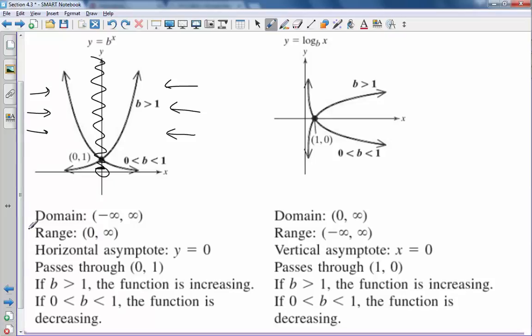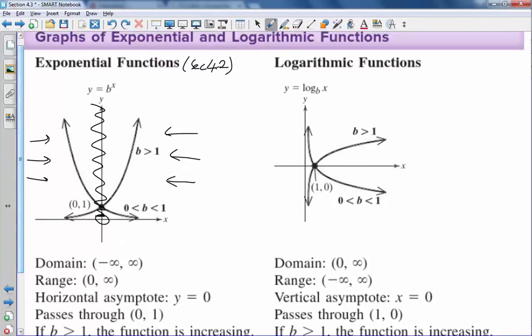Nothing new, right? Okay, now how is this related to the current concept of logarithms? This is how. Exponential functions and logarithmic functions are inverse of each other. Inverse, that means 4.1. If you want to find the graph of an inverse of a function, what did we do in 4.1? I am already giving you this graph and asking you to sketch the inverse of this graph.